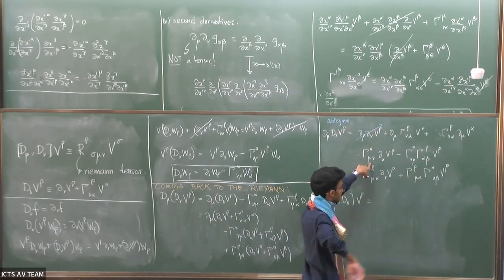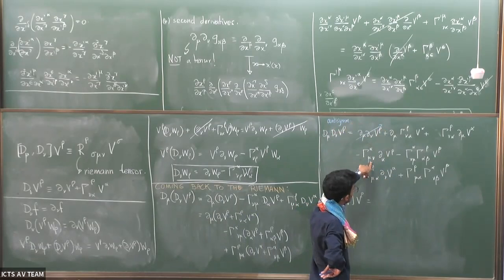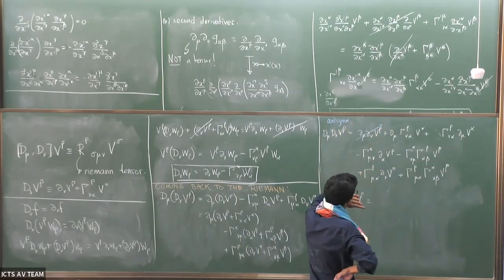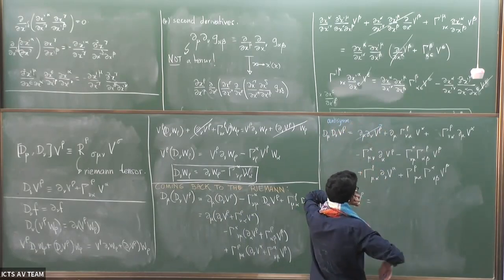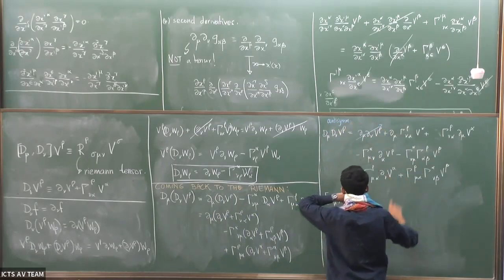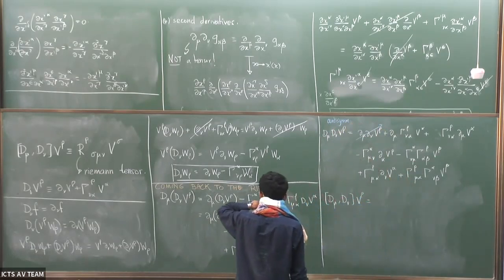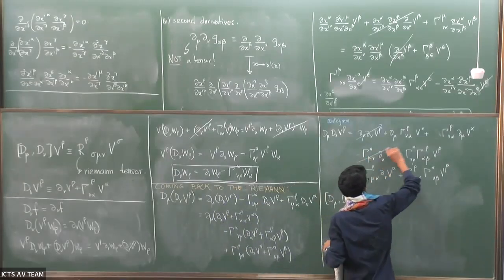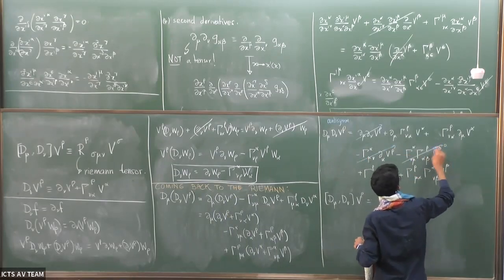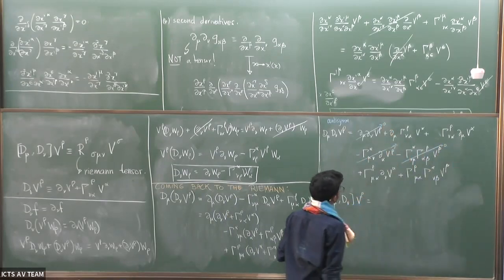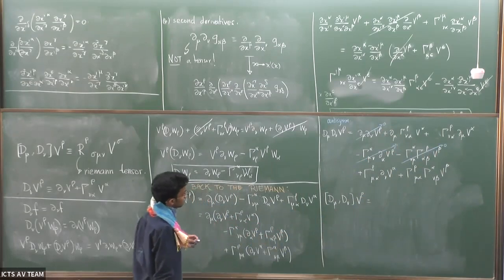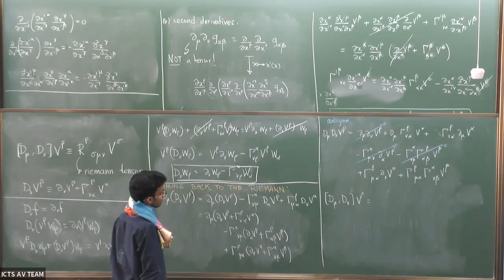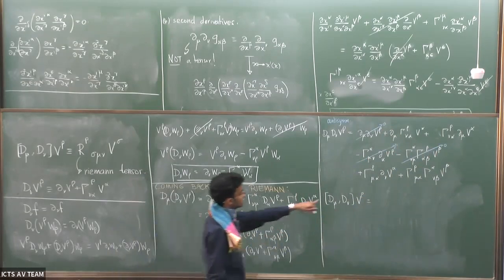Let me come there. So this cancels because of mu nu symmetry. Then I wrote this wrong. Okay, yeah, that will also cancel. So this cancels, this cancels. What else cancels? These two will cancel.